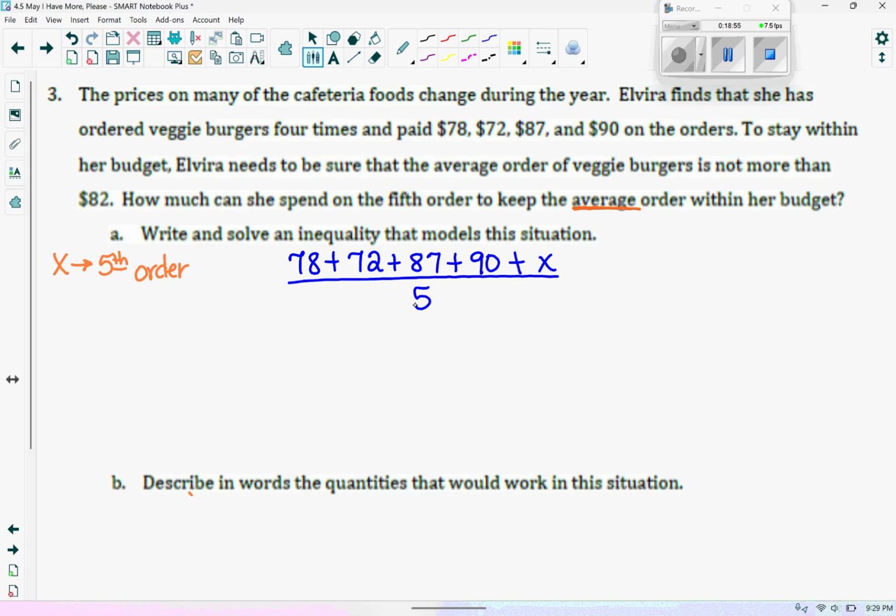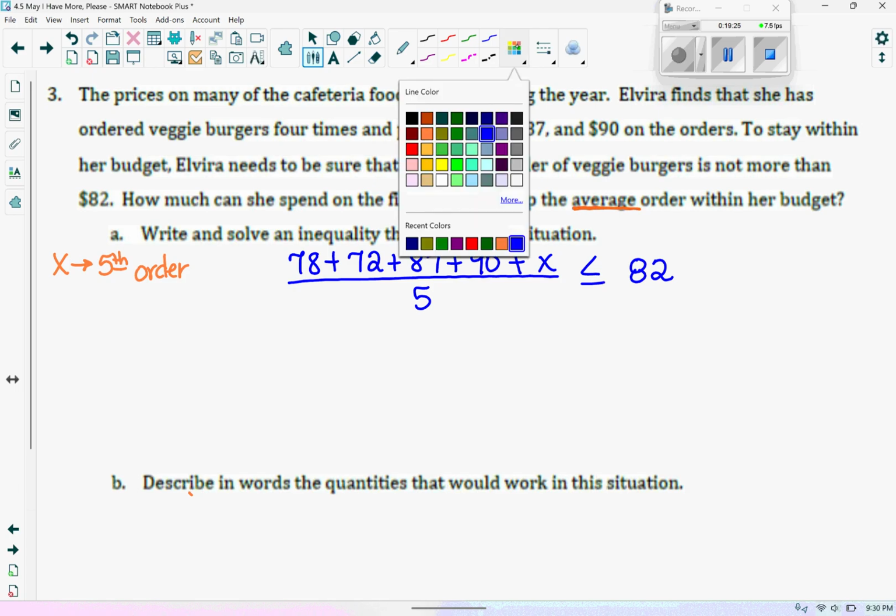Now, she wants her average to be not more than $82. So 82 is going over here, right? Now, again, if you can't spend more than that, then it is less than or equal to. So not more than, a lot of people get confused because it has that word more and they think greater. But not more negates that, meaning it flips it around. Okay? All right, we're going to solve this.